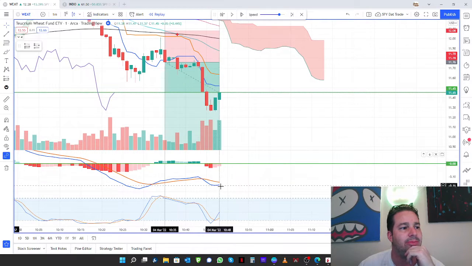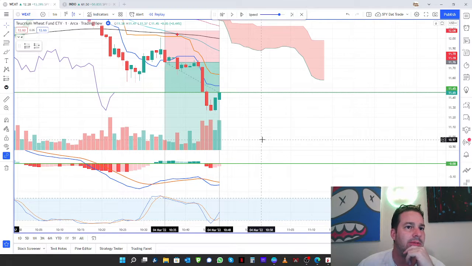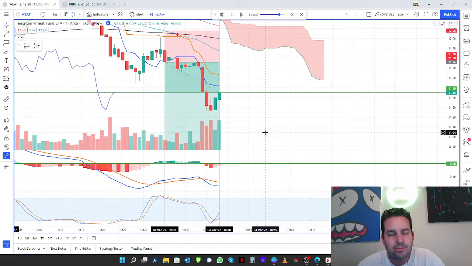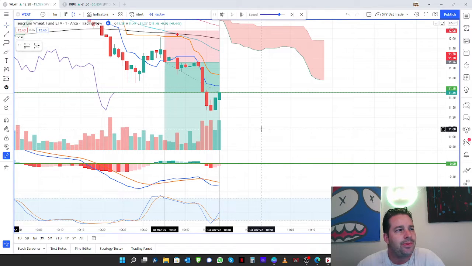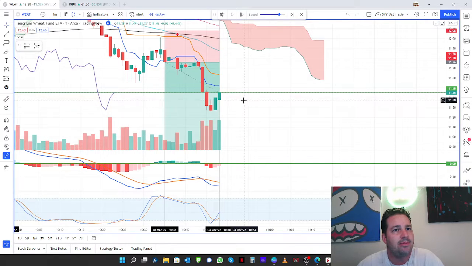The MACD, the blue line here, is starting to come back up to the orange, and we've already crossed here. I'm thinking at this point, this is some decent profit that I have here. It looks as though I'm short at 1176, and I'm out at 1145.